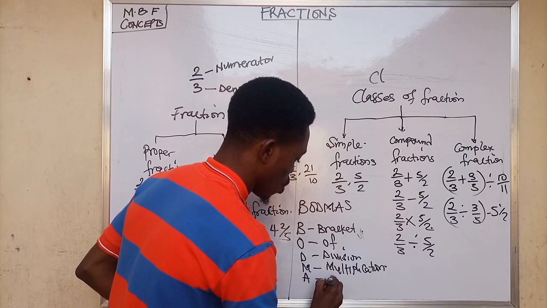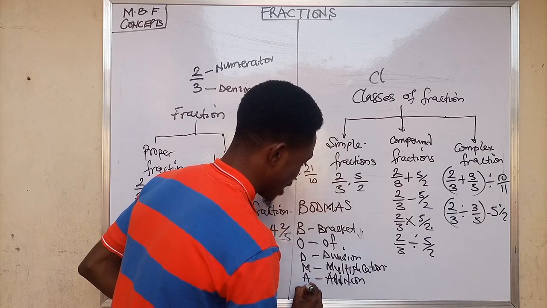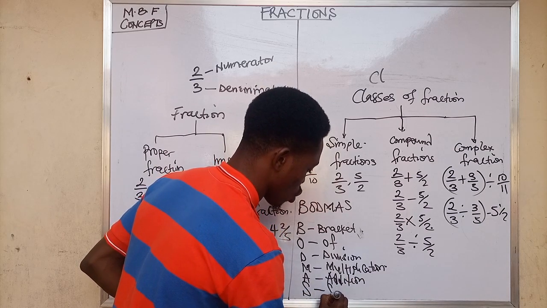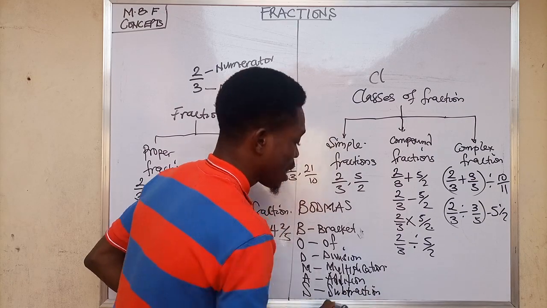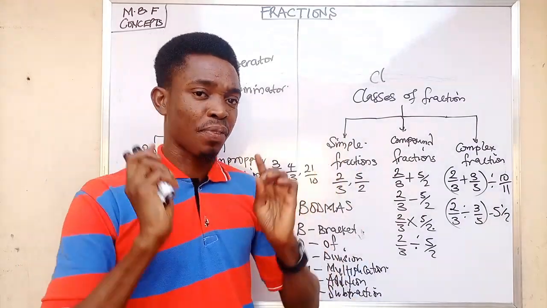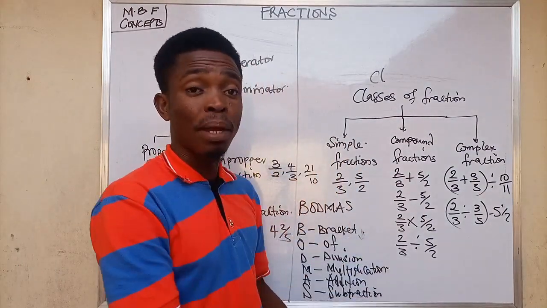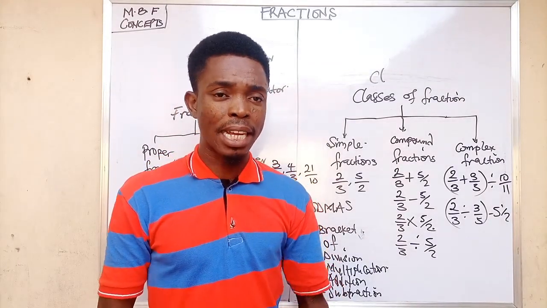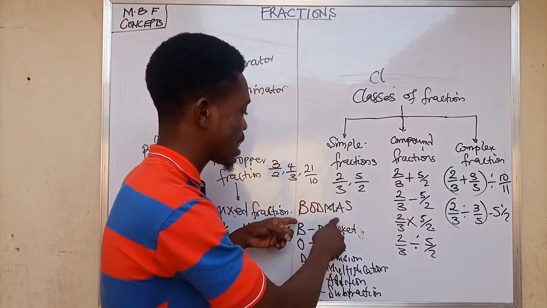A stands for the word addition and S stands for the word subtraction. Now, guys, you will not be able to solve complex fractions effectively without knowing this acronym called BODMAS. Are you there? Yes, this word BODMAS is an acronym, and this is the meaning of the letters that form it.